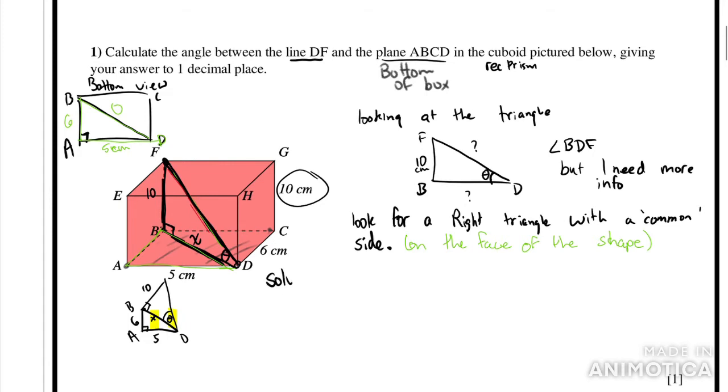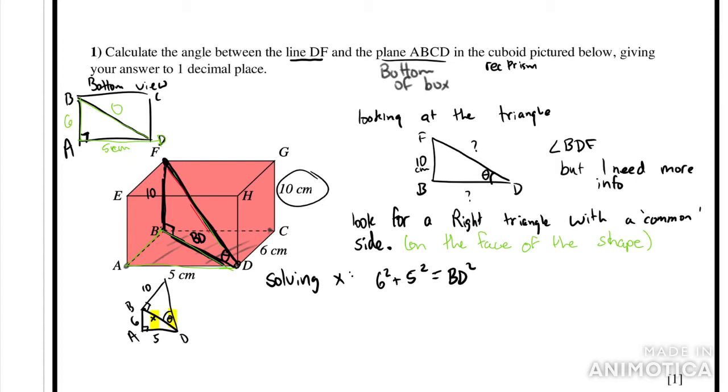So solving x, I have 6 squared plus 5 squared equals x squared. Again, I'm applying Pythagoras just like I did before. And I'll change x squared to BD squared, just so we know that this is the side we're talking about.